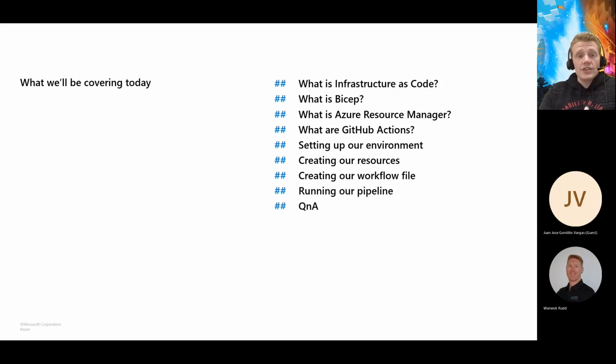Then I'll talk about the Azure Resource Manager itself and how we can use Bicep to interact with the Azure Resource Manager API to provision our resources into Azure. And then I'll talk a little bit about what GitHub Actions are and how we can use them to automate our infrastructure deployments.